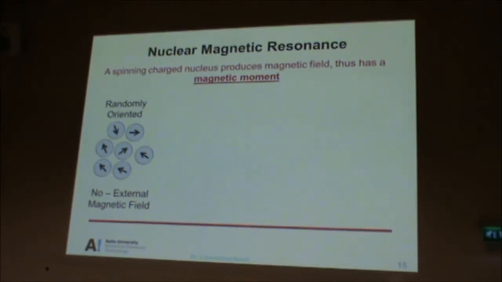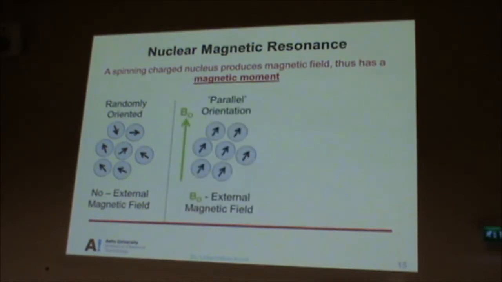Now, if you take a population of, let's say, protons in a sample, the direction of spin is generally randomly oriented. When you apply an external magnetic field, as I said in the previous slide, each of these atoms with a nucleus has a spin, and because of the spin, it has a magnetic moment.